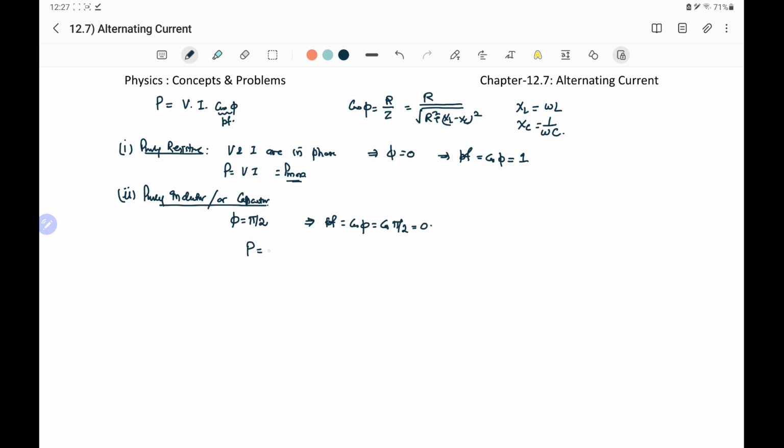Hence, power in the circuit will be 0. Therefore, in a circuit containing purely an inductor or a purely capacitor, current does flow in the circuit, but there is no power dissipated. Hence, the current in such cases is called wattless current.